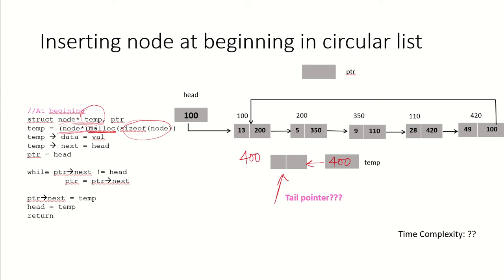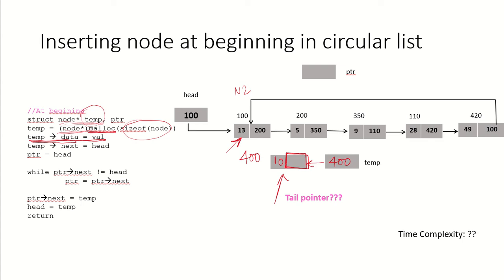We will put the value. So suppose we put value 10 in the data part. So in the data part, we have put the value. Also over here in the pointer part of it, this new node has to point to the current first node, because the current first node is going to become the second node.